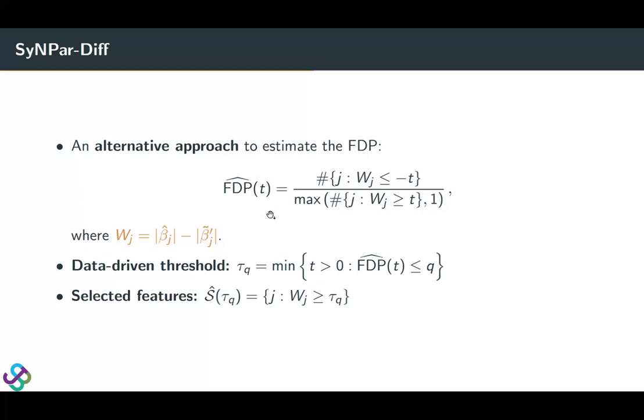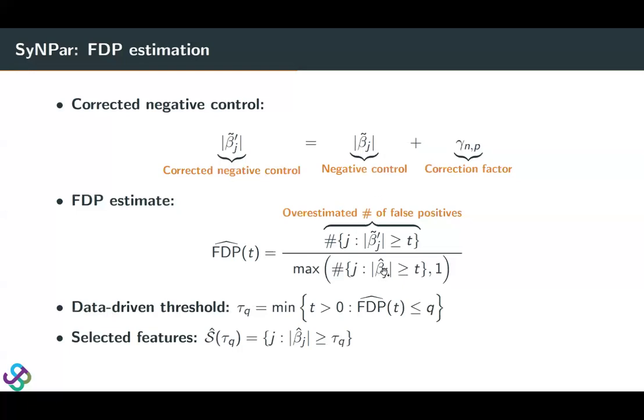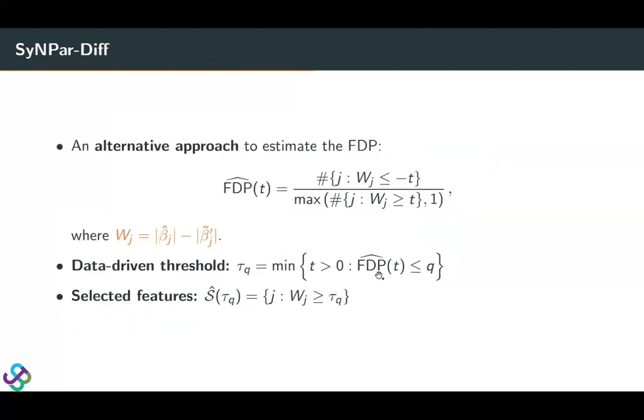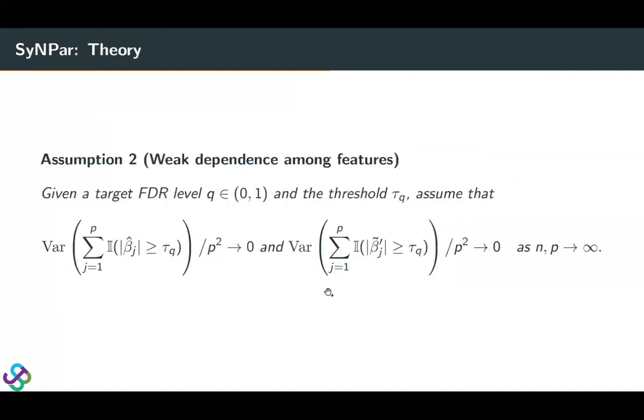But the reason we only consider this as an alternative is that here the WJ involves the random error in the synthetic null data, while here the beta j has no random error. So when we use the data-driven threshold and compare WJ to it, we see both sides of the inequality involve randomness.